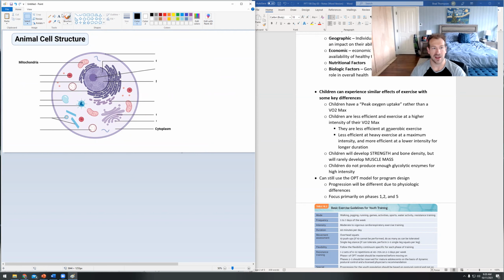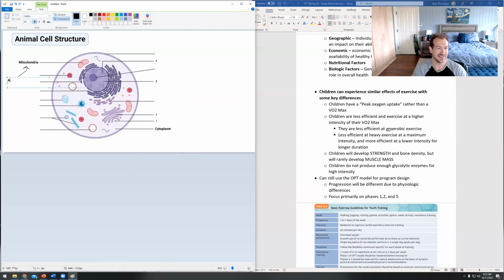But if you see the mitochondria, this is where aerobic energy production happens. That's with oxygen. Kids are great at that, right?